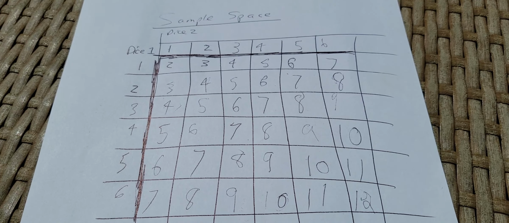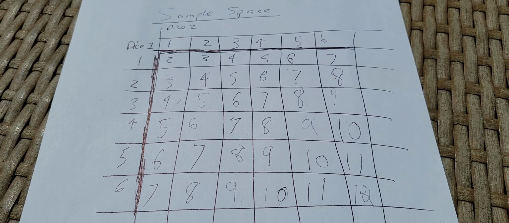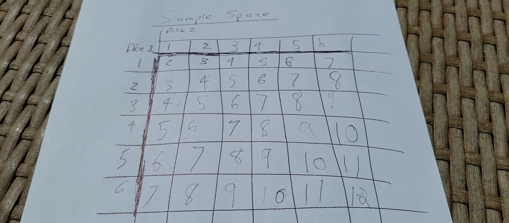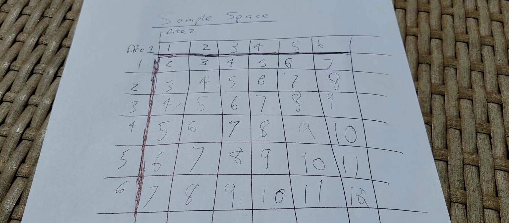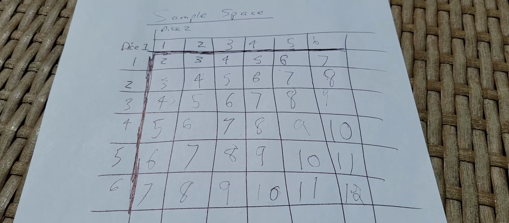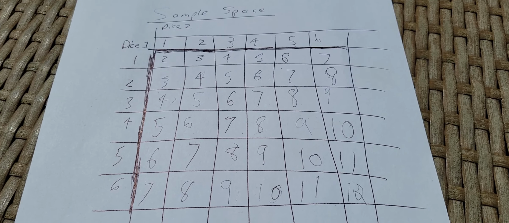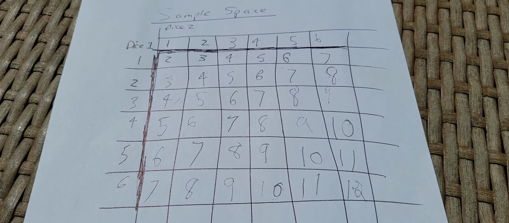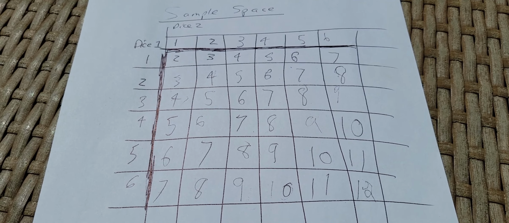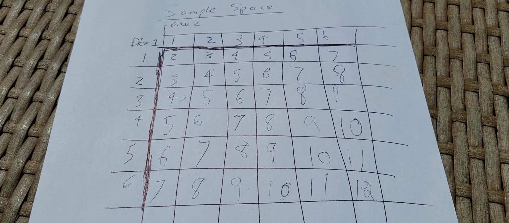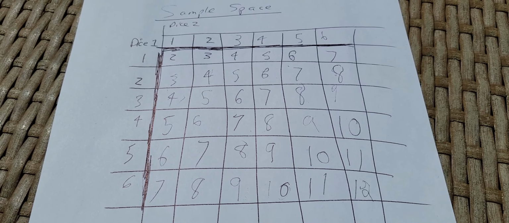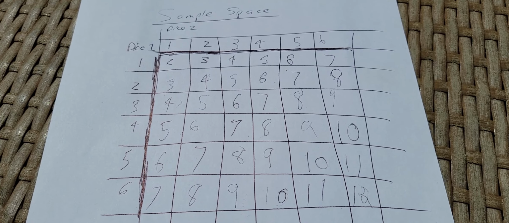Conceptually, it totally works, but practically speaking, if you have an experiment looking at people with a certain disease and medicine and so forth, writing out the sample space in more than a theoretical way is not very practical. But the idea works, and in simple cases like this, it's totally easy to write out.